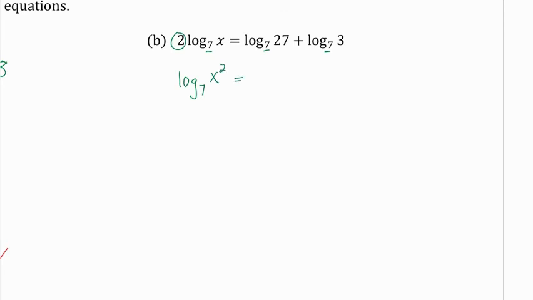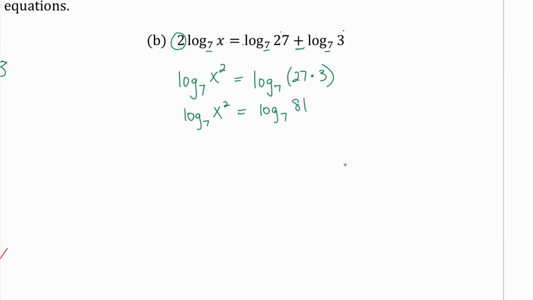Equals, on this side, no numbers in front, so I don't have to worry about that. But I've got addition, so I can change that to multiplication of my two arguments. So I'm going to do log base 7 of 27 times 3, right? Okay, so that would give us log base 7 of x squared equals log base 7 of 27 times 3, which is 81.